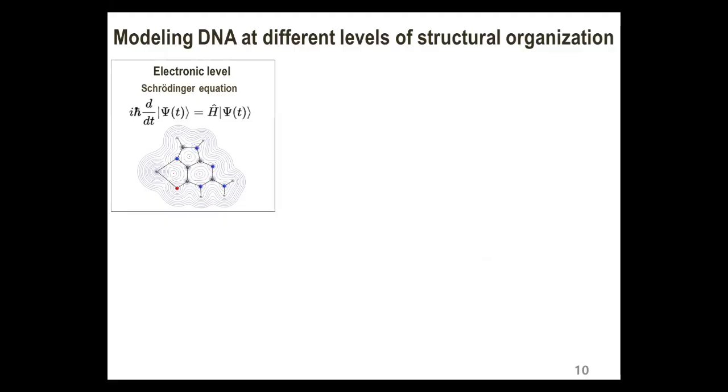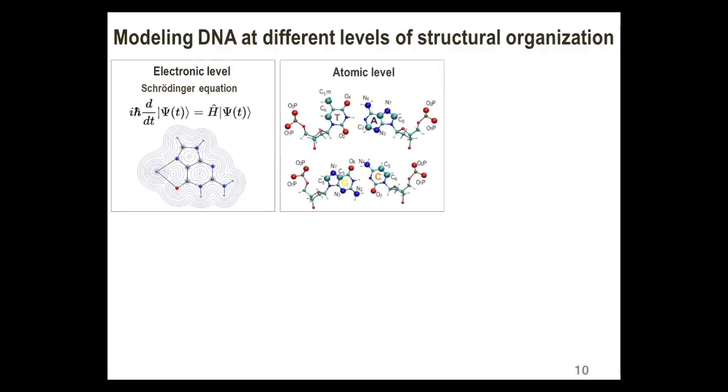First of all, the basic level is the electronic level, where we can use well-developed quantum chemical approaches. Then we can move to the atomic level, where each atom is presented as a sphere, and the spheres can bind to each other, and we can describe this interaction using interaction potentials.